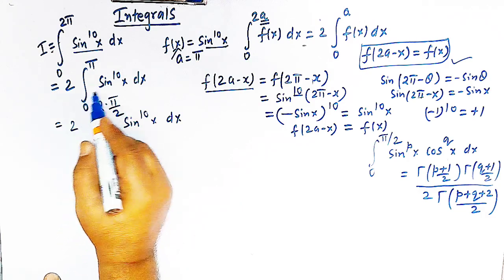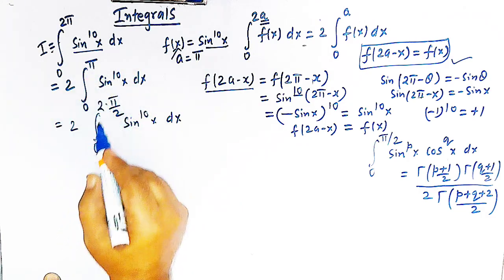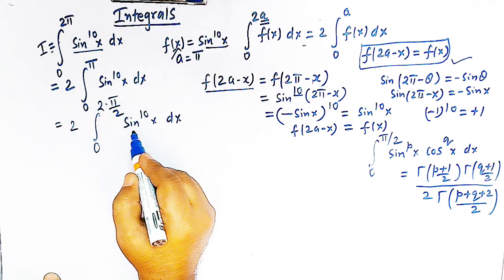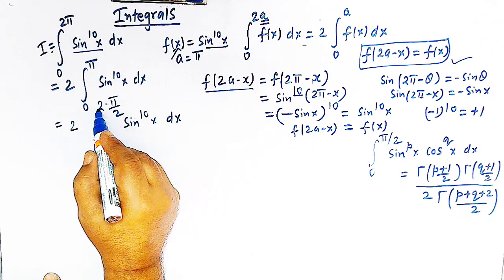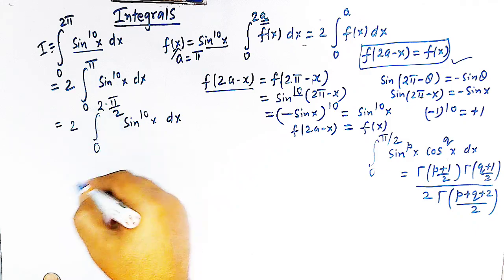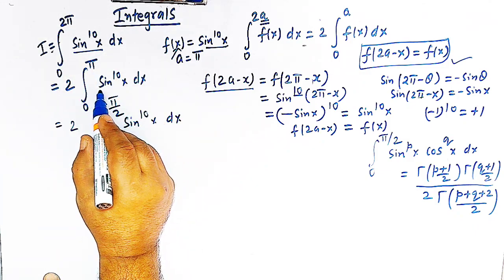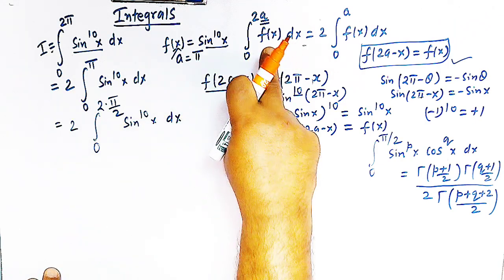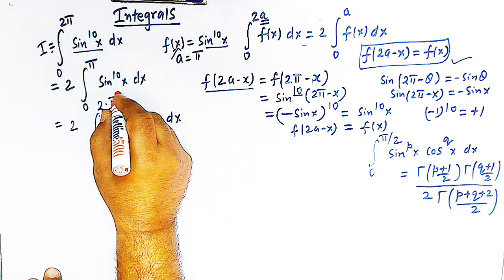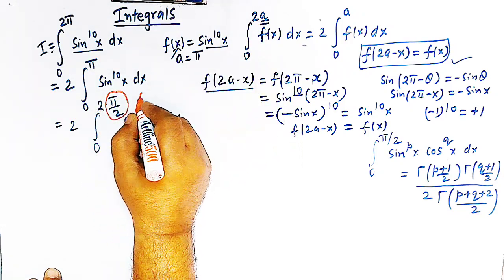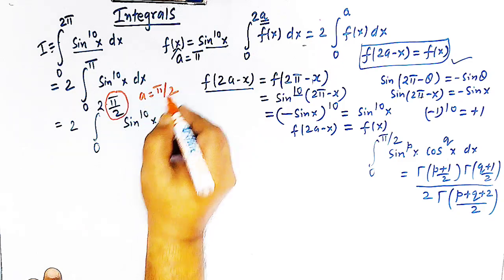Right? So here we are now writing this integral as 0 to 2 times pi over 2 sine x raised to 10, because here we can cancel this 2 and this 2 and will again get the same integral, right? So now if we compare this integral with this one, then we can see that the value of a is now equal to pi by 2, right?